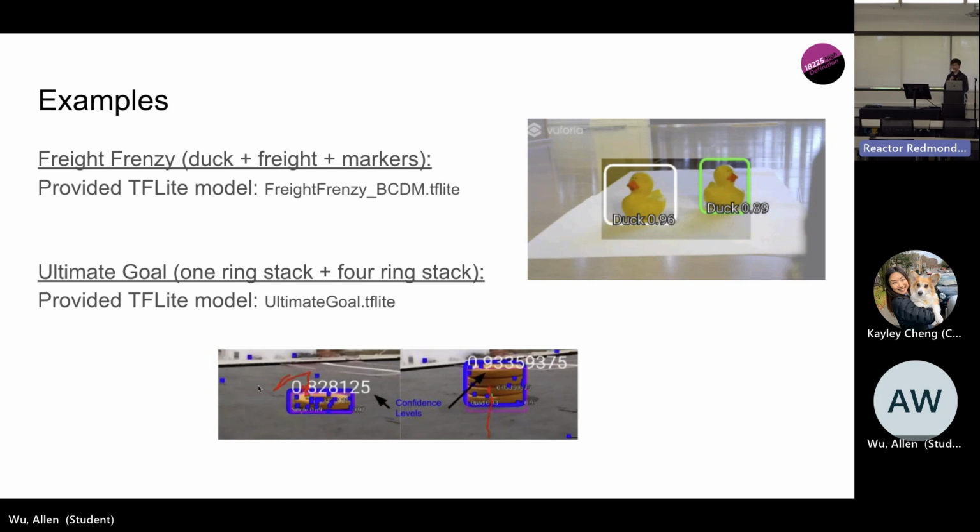Here in the image, you can see two examples, one with 1 ring in the stack and one with 4 rings in the stack. It's hard to see, but on the bottom left of each image, the first one says single and the second one says quad. That's the provided TensorFlow model working and telling you how many rings are in the stack. On the right side, quad means there are 4 rings in the stack.